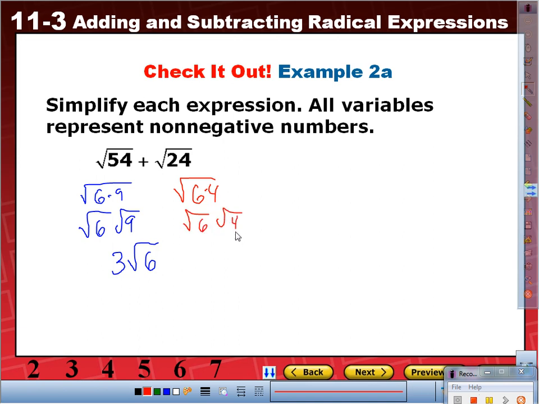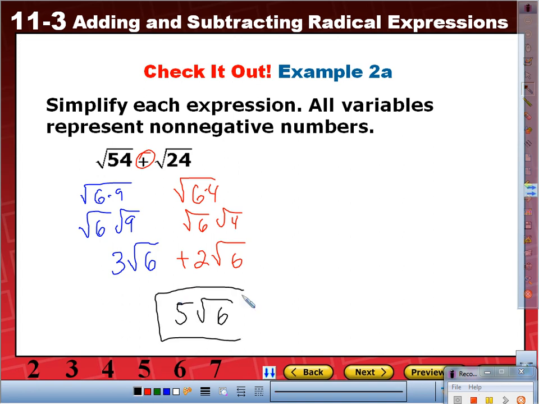Which one did we simplify? That becomes 2. And it's addition. And what do you get at the end? Hands if you got that? That is correct. They do have the same radicals, and you can combine like that.